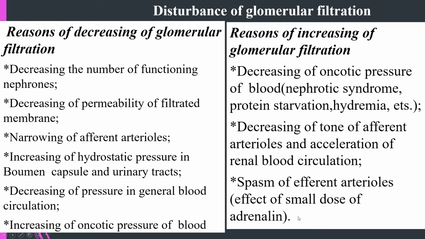Reasons for increased glomerular filtration include decreased oncotic pressure of blood, nephrotic syndrome, protein starvation, hydremia, decreased tone of afferent arterioles and acceleration of renal blood circulation, spasm of efferent arterioles, and the effect of a small dose of adrenaline.